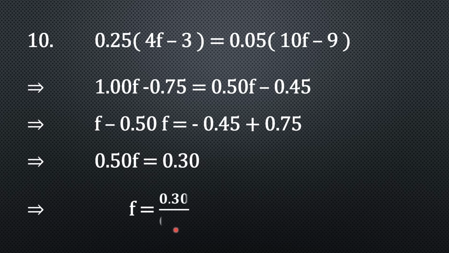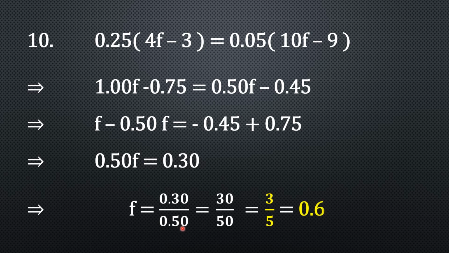Or we can directly cancel the decimal sign, because we have two numbers after the decimal in the numerator and two numbers in the denominator also. So directly we can cancel the decimal sign. We get 30 by 50.